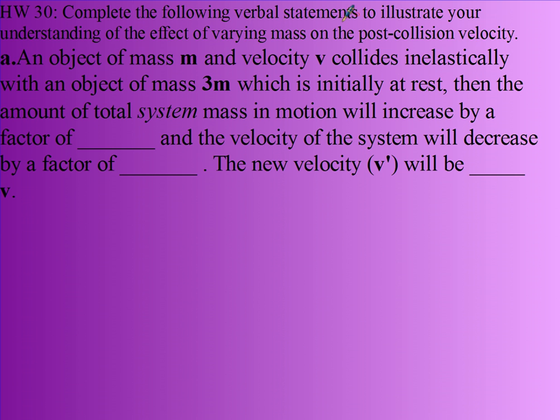Now, suppose I have a mass, m, moving at some velocity, v, and it collides inelastically with another mass, 3m, which is initially at rest. So v2 is 0, while v1 is just v.